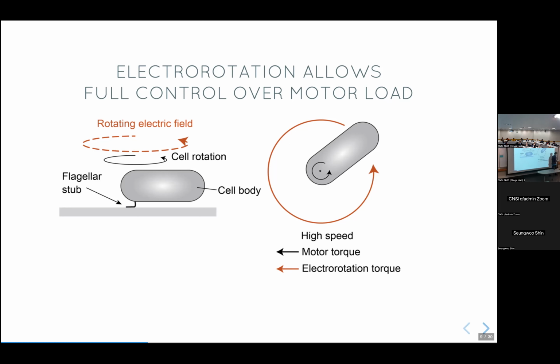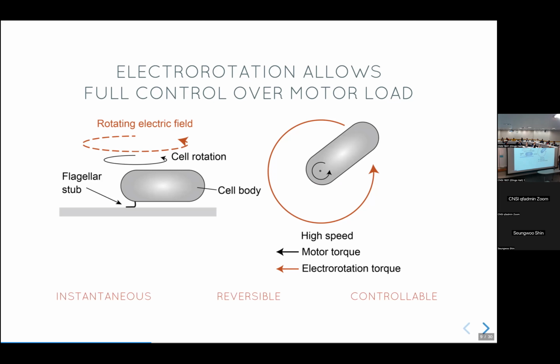Yes, much faster than what the cell can follow. But if the field's along that direction, how is there a torque? Is the induced dipole along that direction too? The field is in this direction, but it's spinning at megahertz rates. So it induces a dipole, which is also spinning at megahertz rates, but it lags behind. I see, okay.